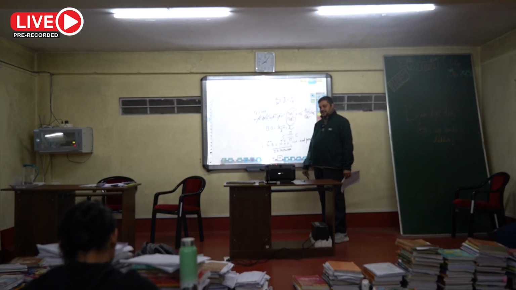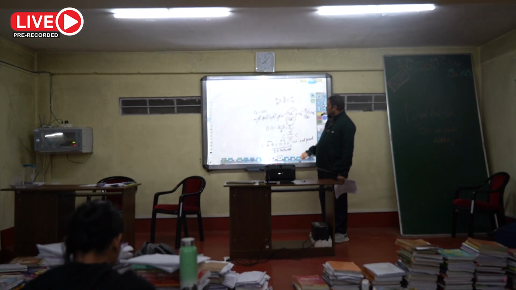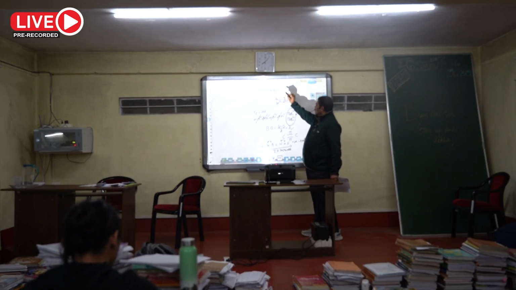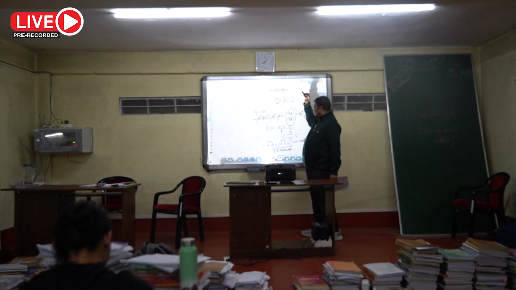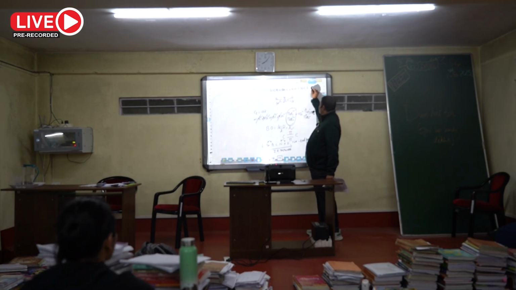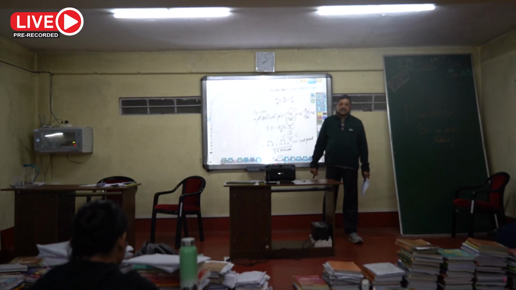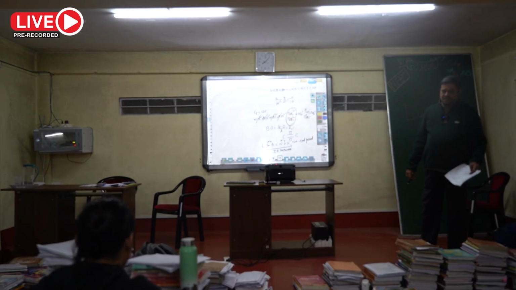Similarly, beryllium has fully filled orbitals, it also has a stable configuration. So the final order: Li less than boron less than beryllium less than carbon less than oxygen less than nitrogen less than fluorine less than neon. This is the correct IE1 order, first ionization energy order.